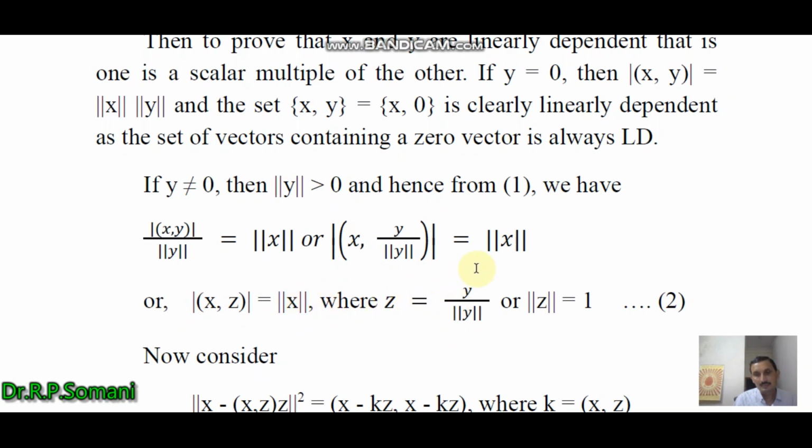We assume z equals y upon norm y, so the modulus of the inner product of x and z equals norm x, where z is y upon norm y, and therefore norm z equals 1. We denote this as equation 2.